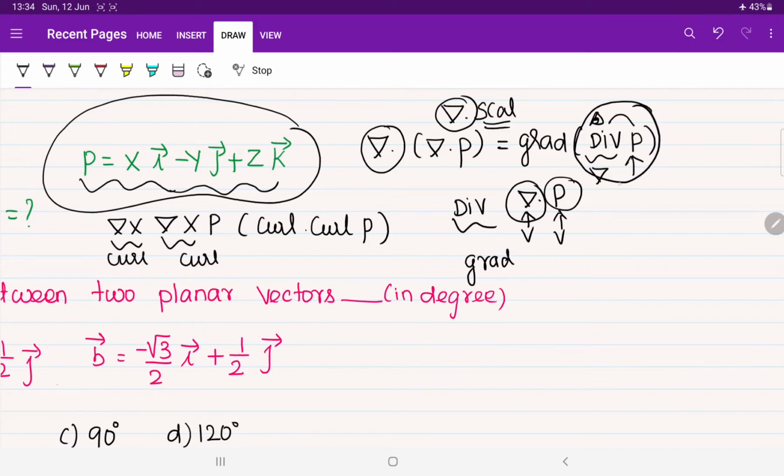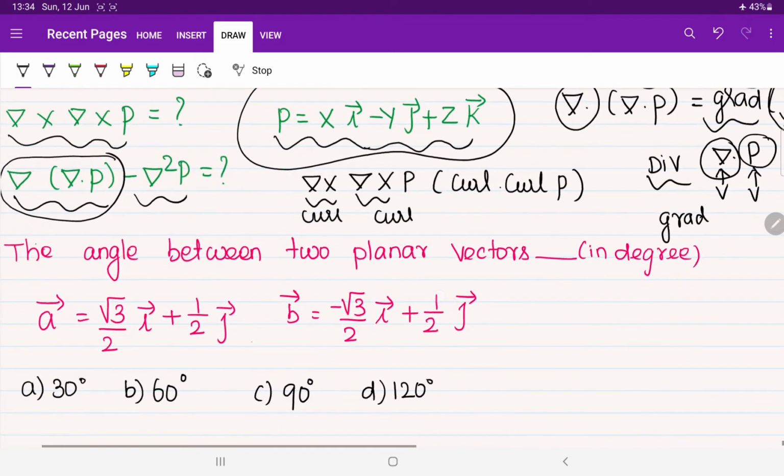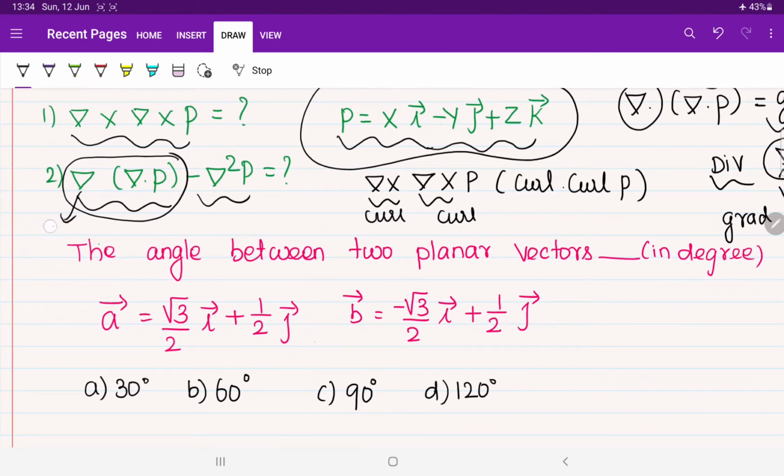So this overall value is going to be a scalar. Now if I am applying del to a scalar function, del can be replaced by gradient. That's why this function can also be written as gradient of divergence of P. Did you understand what I am trying to mean here?